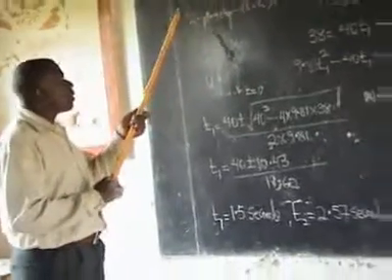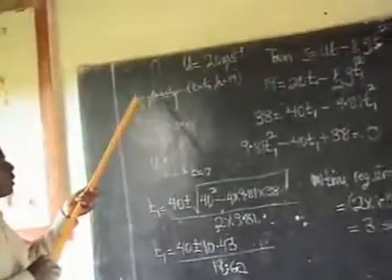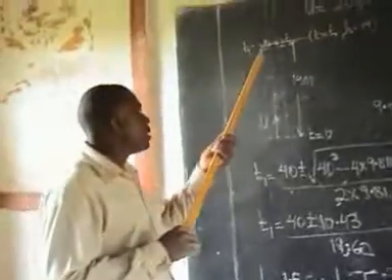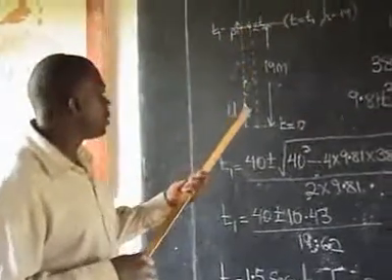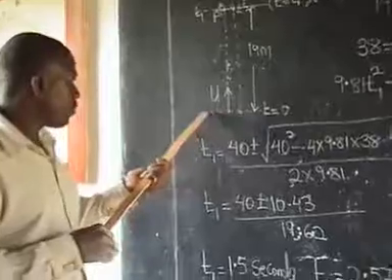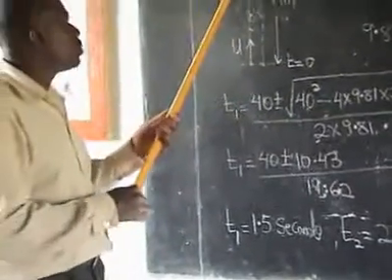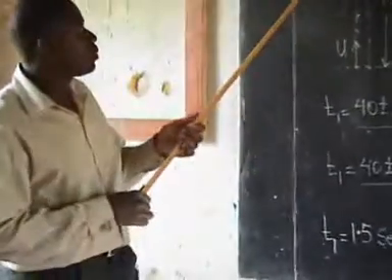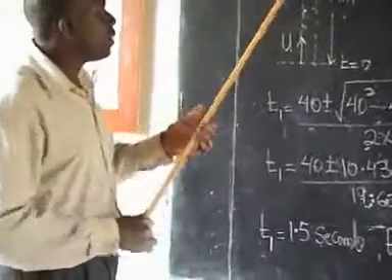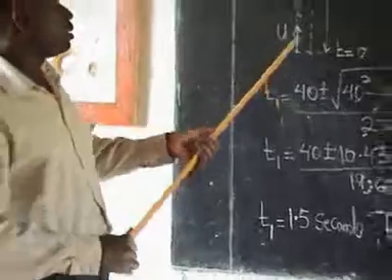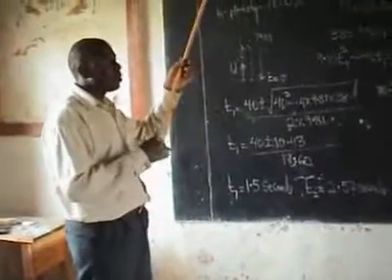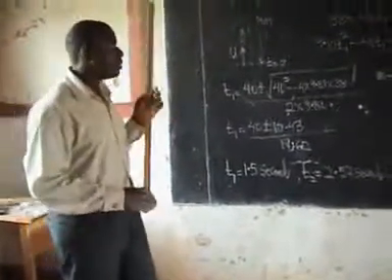We have seen that when a body is at a given vertical displacement from the point of projection, there are 2 times when it is at that altitude. That is when it is going upwards and also when it is moving downwards.